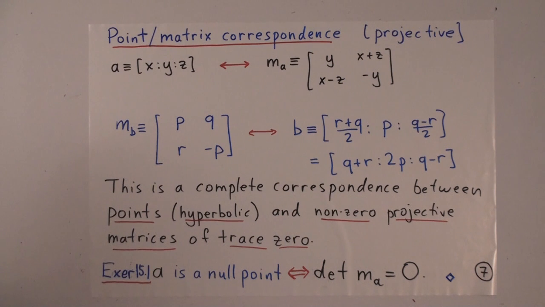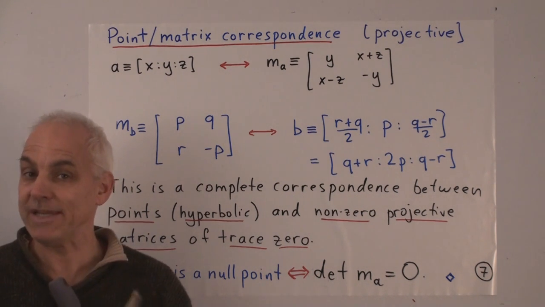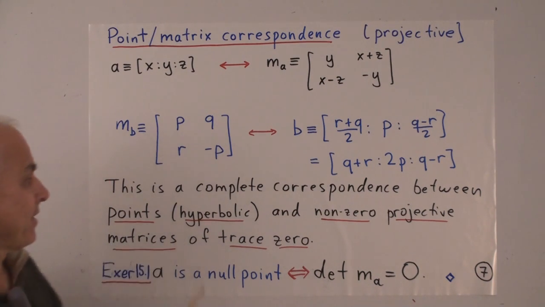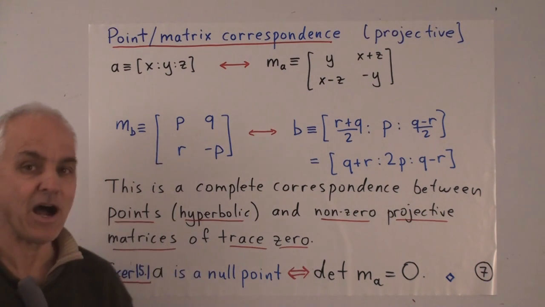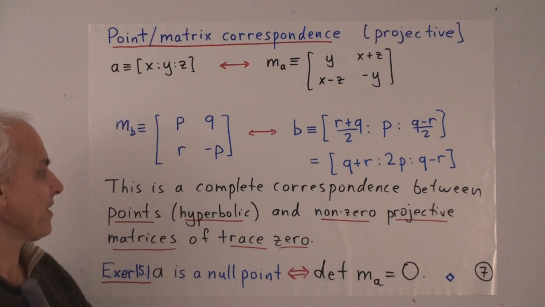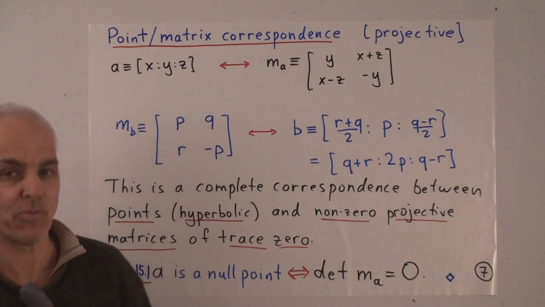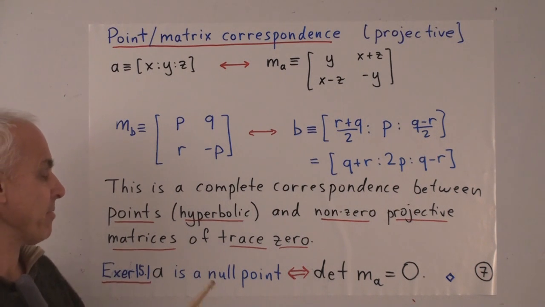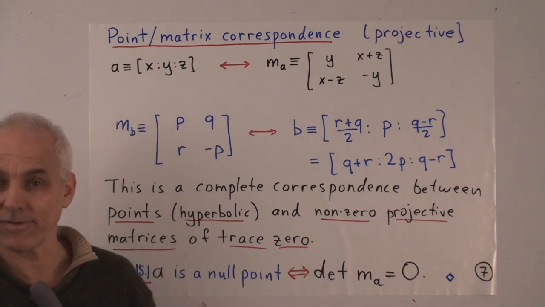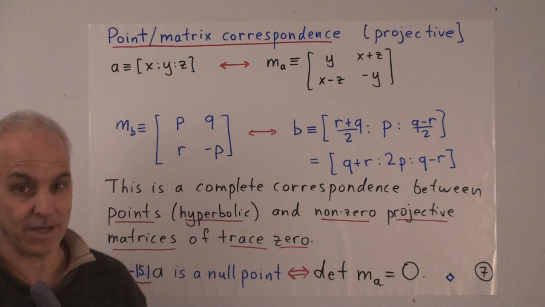So very important. We're connecting with a rather sophisticated branch of mathematics called Lie theory here. Okay, the matrices of this kind are called SL2. It's called a Lie algebra. And it's a very important, simple but important and very interesting subject.